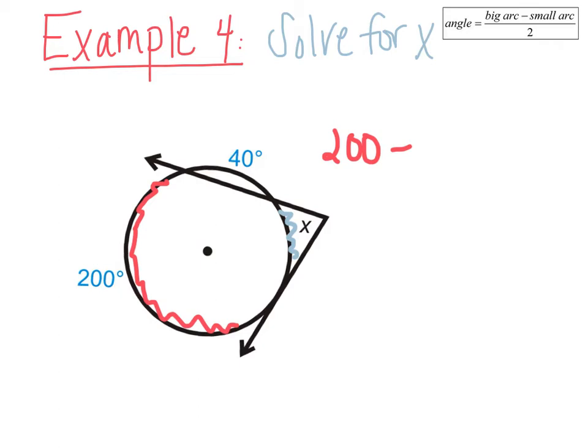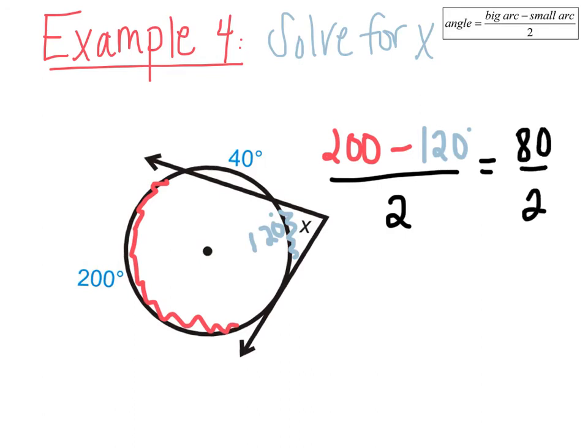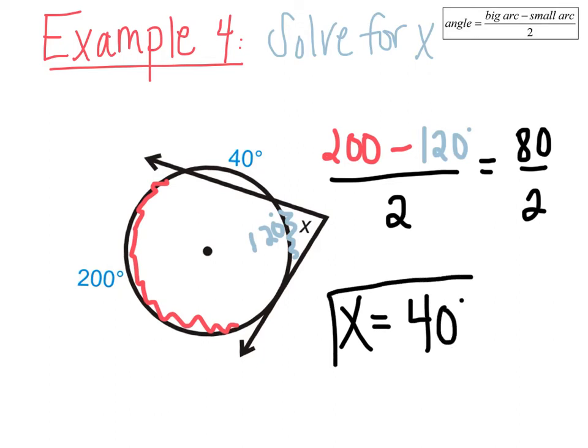So we're going to subtract that from 360 to give us 120. So right there is 120. Put that all over 2. And now we can solve for our outside angle. So we get 80 over 2, x will equal 40 degrees.